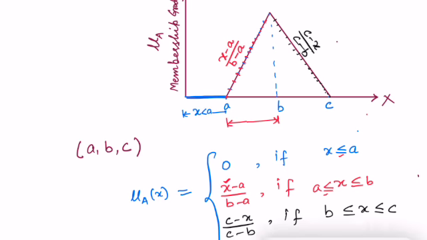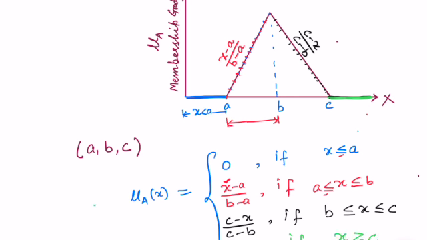Now what are the values beyond c? If we go beyond c, the values are 0. So we write 0 if x is greater than or equal to c.